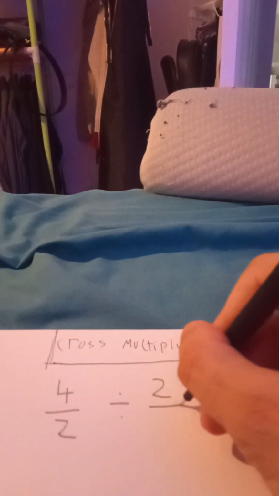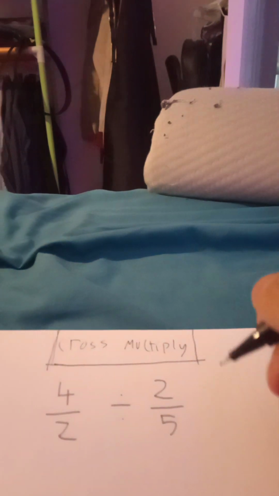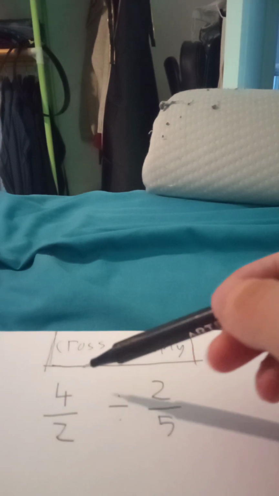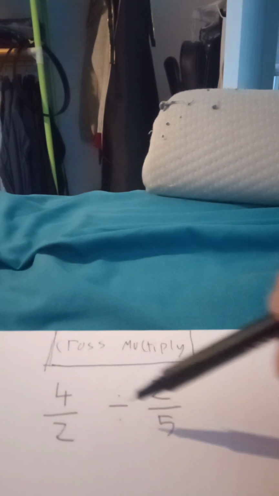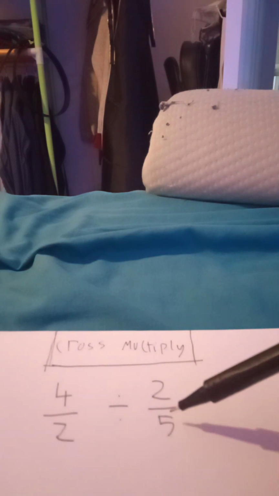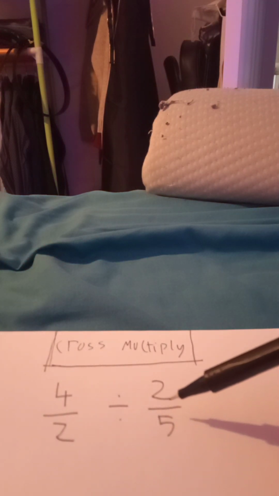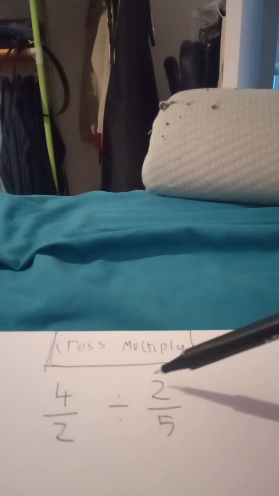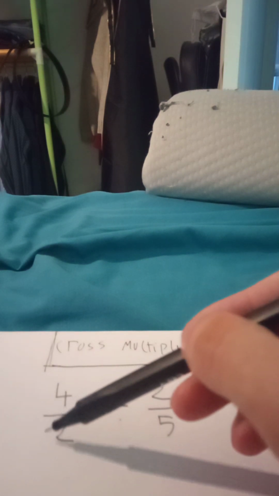What you are told to do is to multiply the numerator here by the denominator here, and then you're asked to multiply the numerator here by the denominator here.